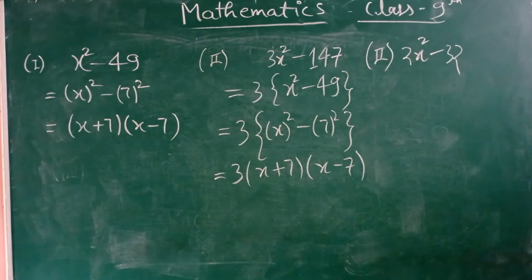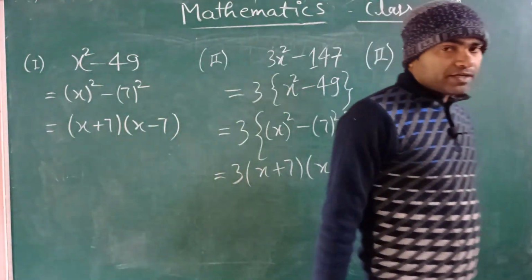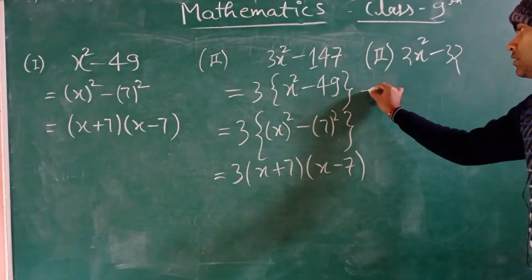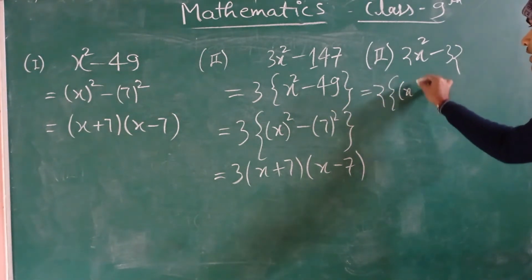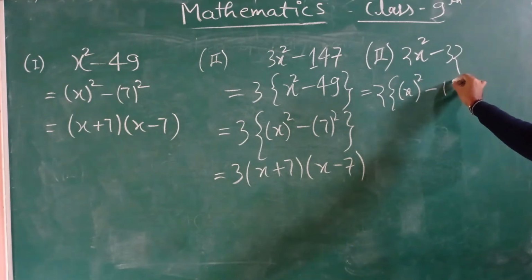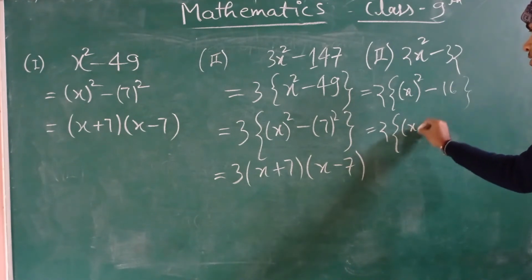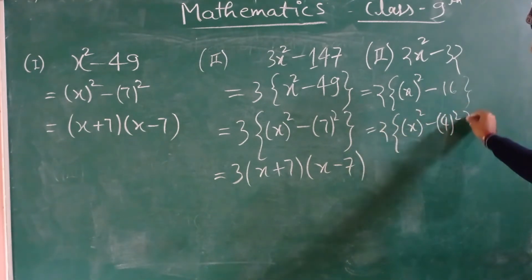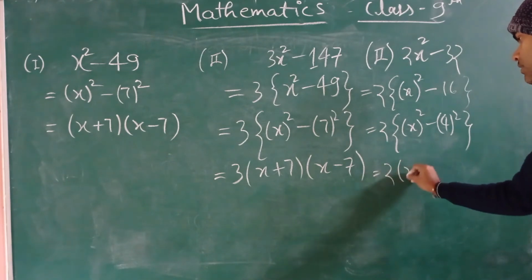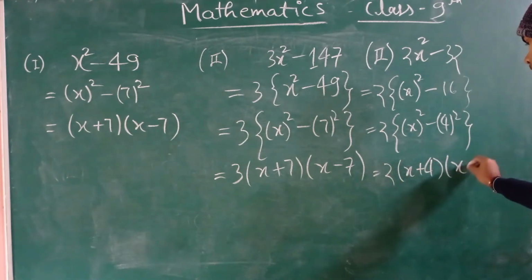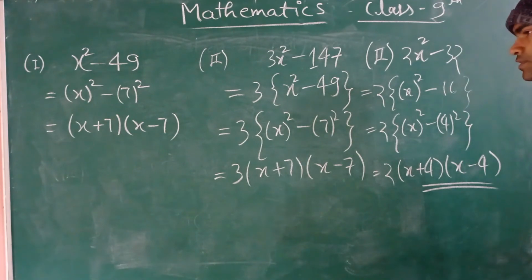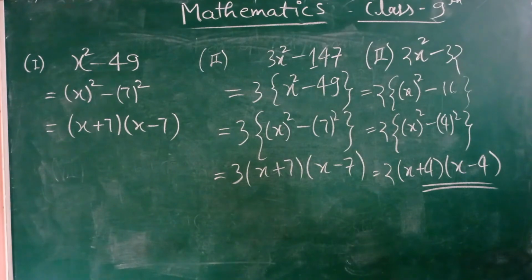So the answer will be 2 in brackets x plus 4 and x minus 4. Am I right? 2 in brackets x square minus 16, after that x square minus 4 square. 2 common, x plus 4 into x minus 4. Here is the answer. So students, just try to solve the problems by yourself.